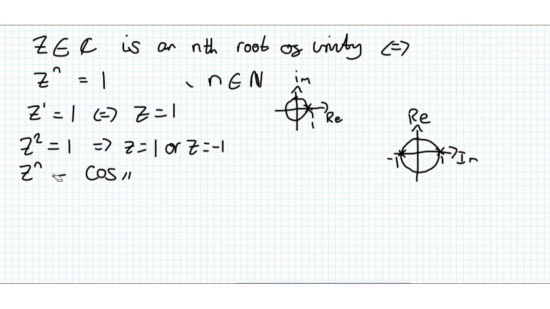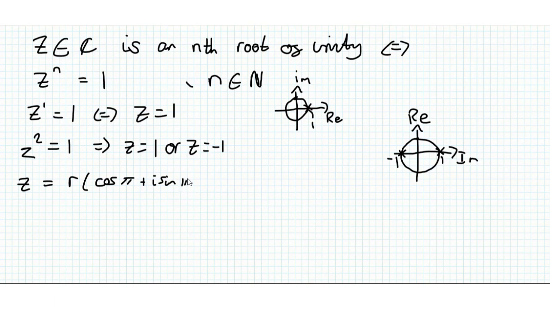Sorry, the pen's going a bit wild. Let's fill these back in again. Alright, so a complex number z can be written in the form of cos theta plus i sine theta. Okay.